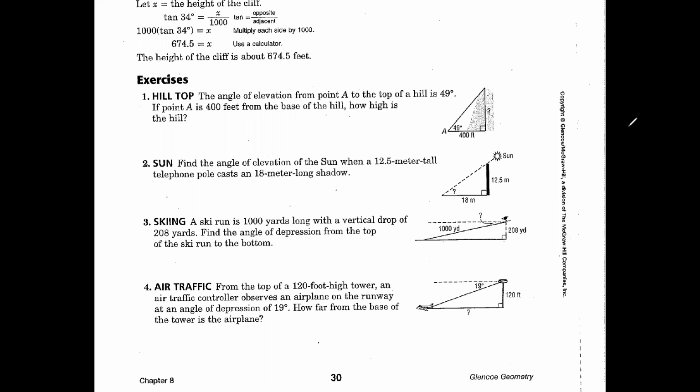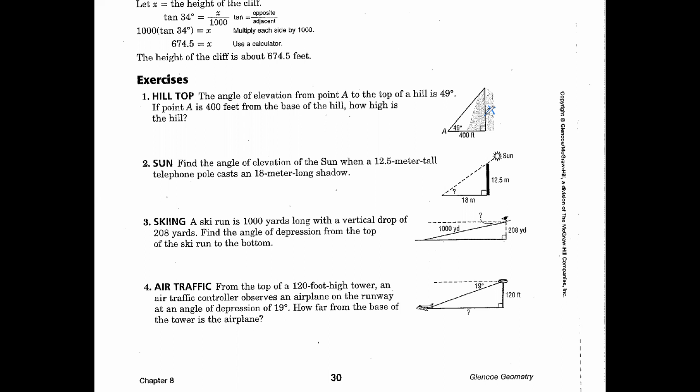They show us that point A over here, from there to the top of the hill, has an angle of elevation of 49 degrees. They also said that it's 400 feet from the bottom of the hill. They want to know how high the hill is. So there's our X. They gave us a right angle.